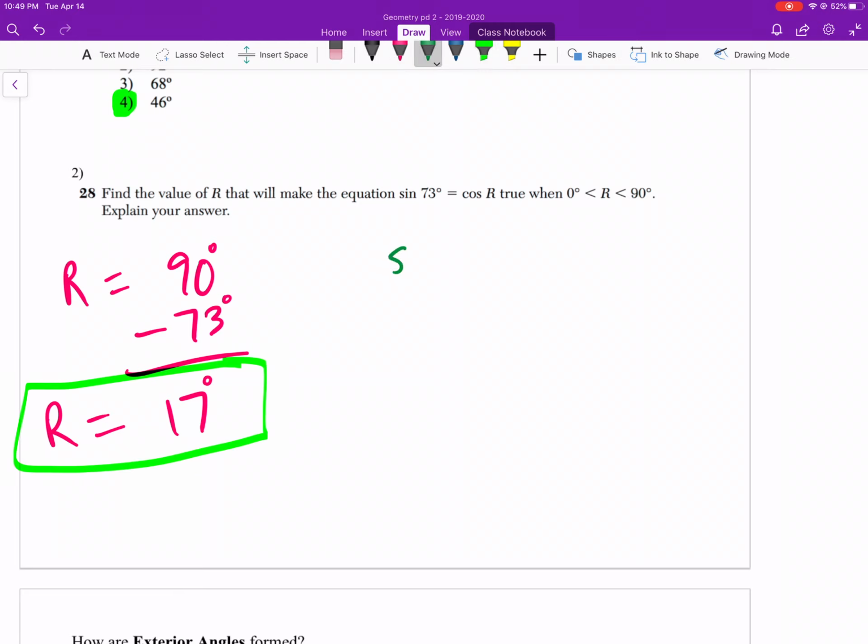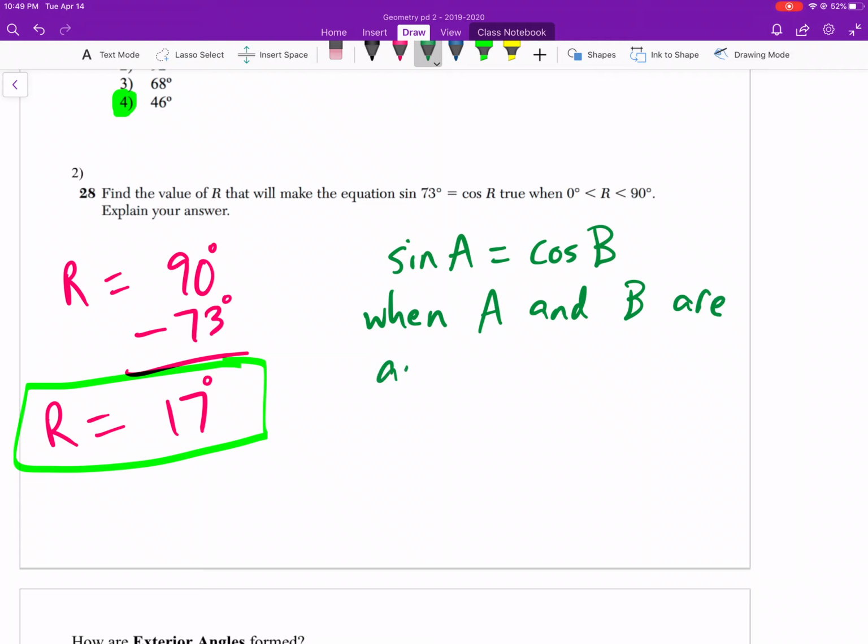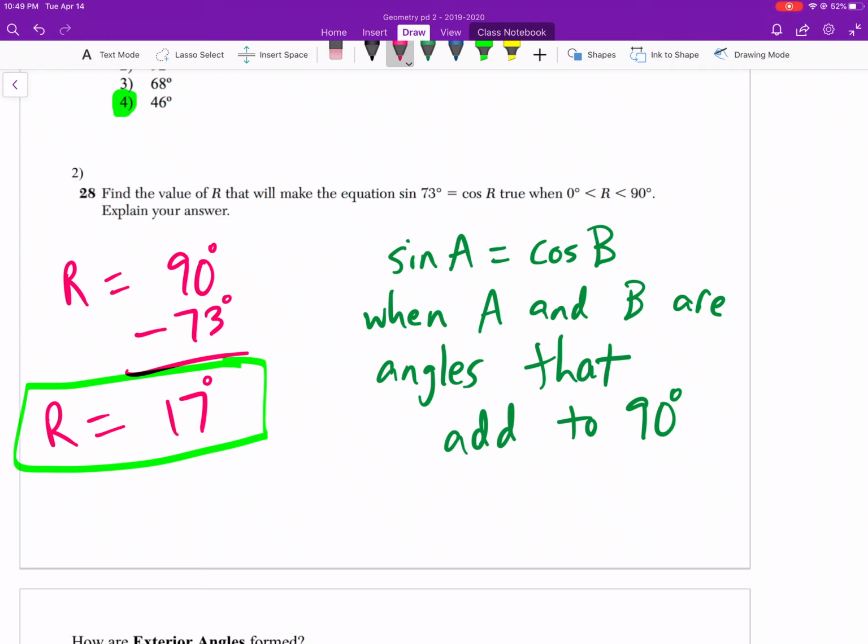Remember the rule. Sine of one angle, let's say A, is equal to cosine of another angle, B, when A and B are angles that add to 90 degrees. Those are cofunctions. Sine of A equals cosine of B when A and B add to 90 degrees.